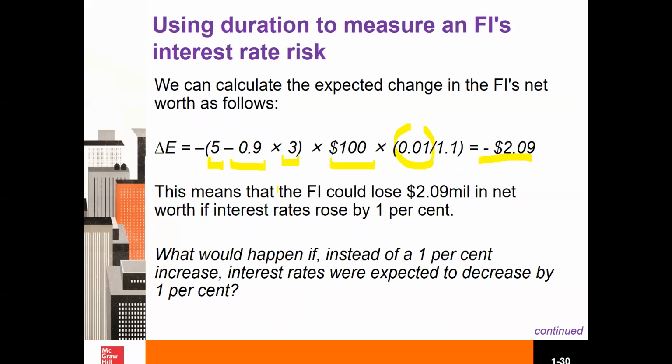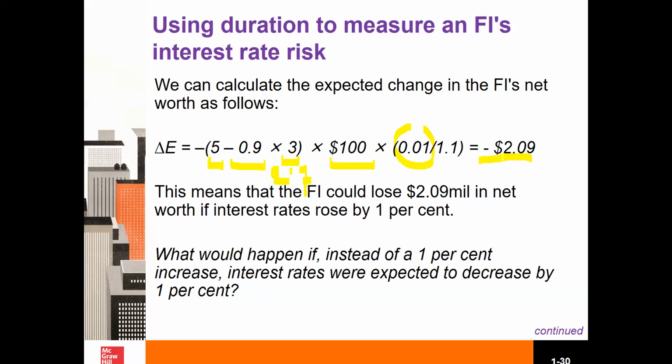For example, you can see here the duration of assets is 5 years and the duration of liabilities is 3 years. If we multiply the 3 by this 0.9, we get 2.7. Now, if the duration of the asset portfolio is also 2.7, then this whole part will become 0.